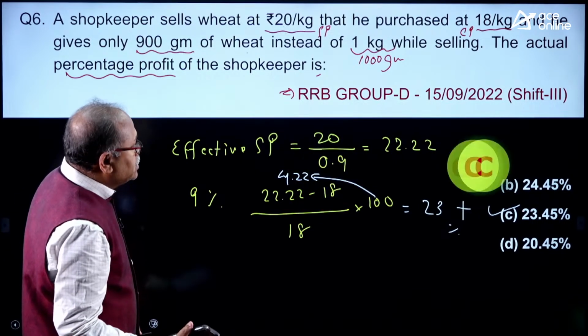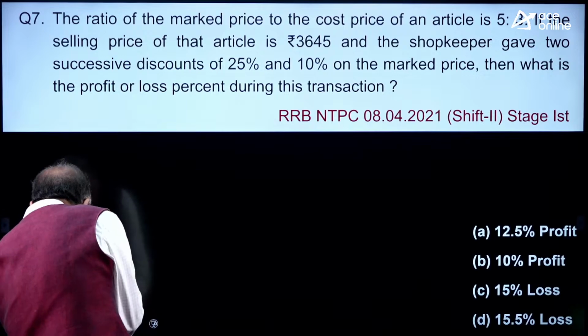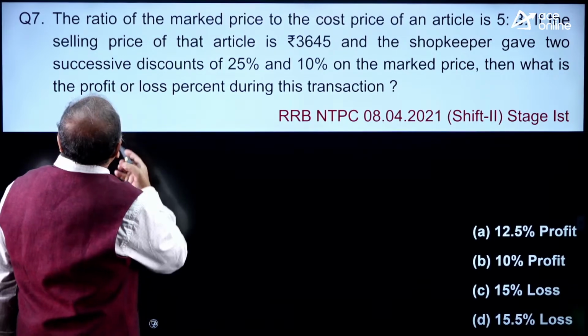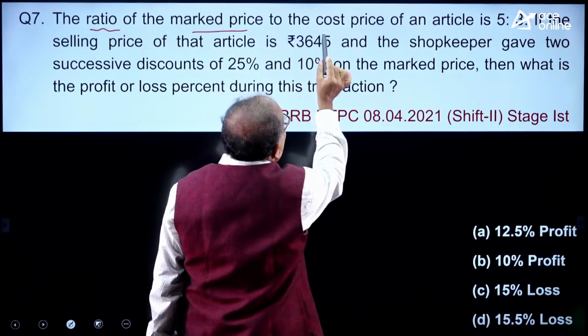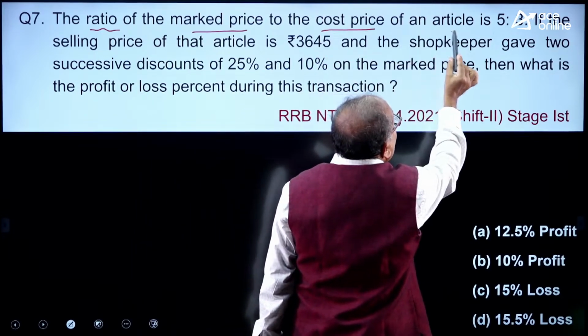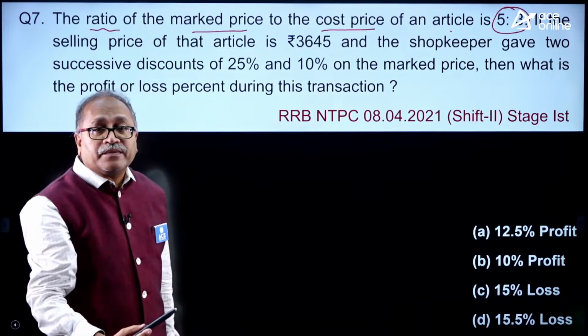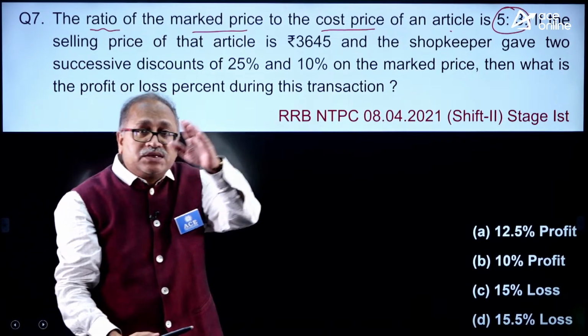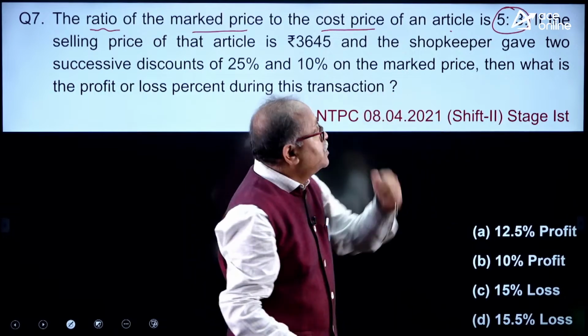It is option C. Okay. This is a question here, let me read it out. The ratio of the mark price to the cost price of an article is 5:3. Mark price is 5, the cost price is 3. Okay.